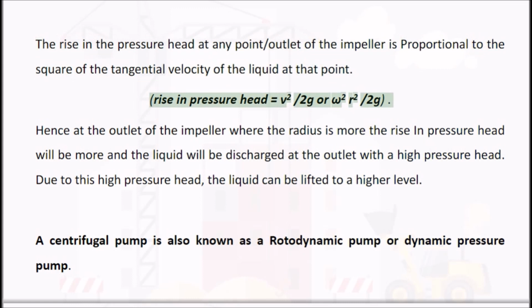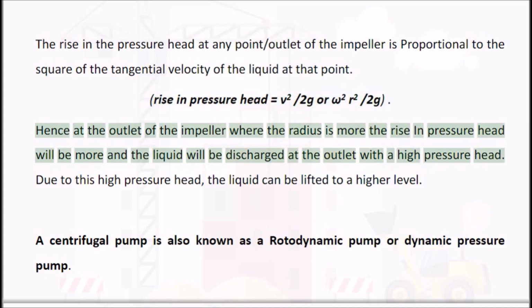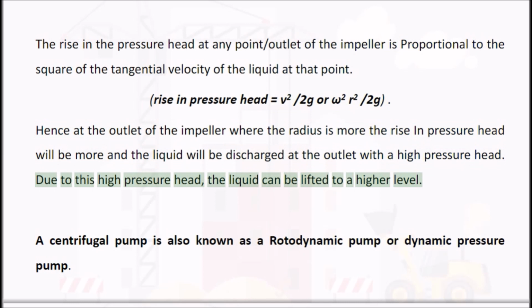Rise in pressure head equals V²/2g or ω²R²/2g. Hence at the outlet of the impeller, where the radius is more, the rise in pressure head will be more and the liquid will be discharged at the outlet with a high pressure head. Due to this high pressure head, the liquid can be lifted to a higher level.